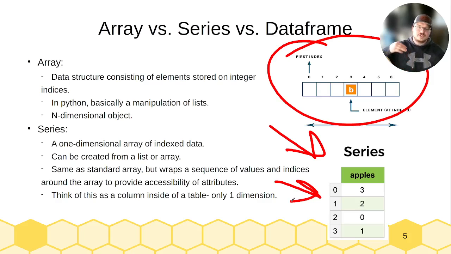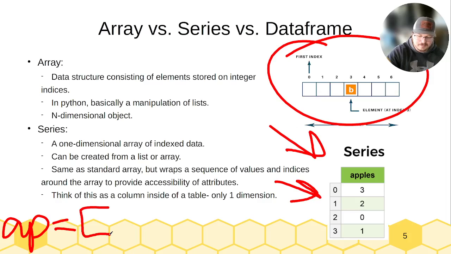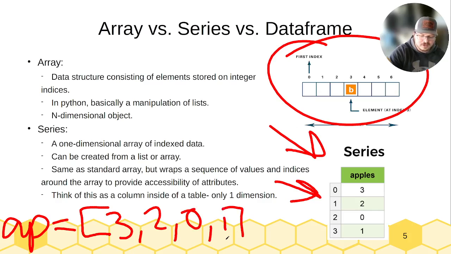So if I would have just given you this data, maybe it would have said apples, AP, equals, and then we would have had a square bracket, and then 3, 2, 0, 1, and then a closed square bracket. Okay, so if we have apples equals 3201, then we know that we're talking about apples or someone eating an apple, but the 320 and 1 don't have any labels.